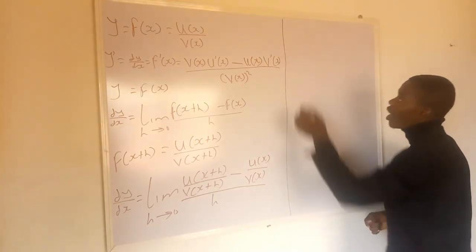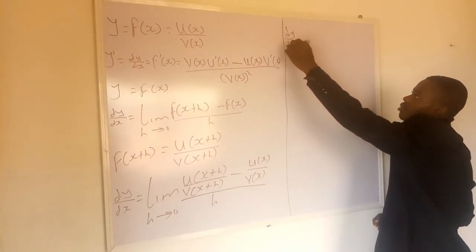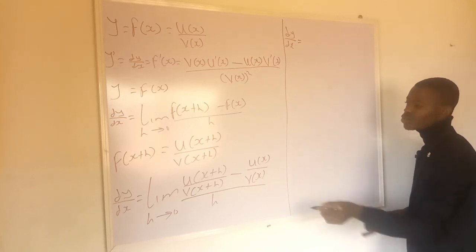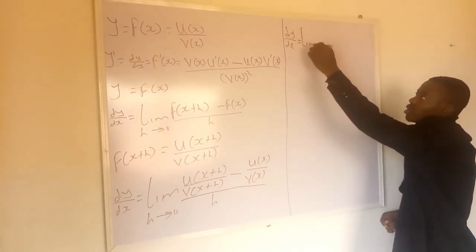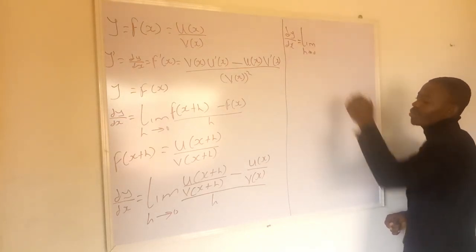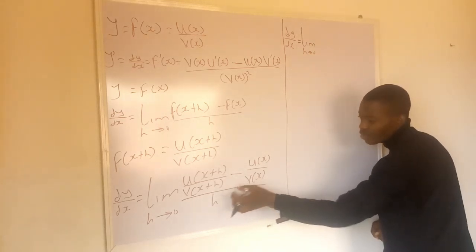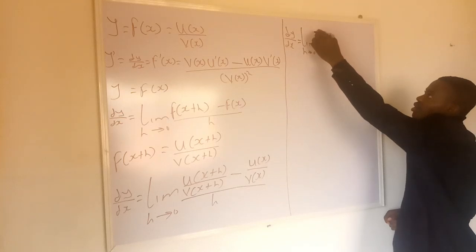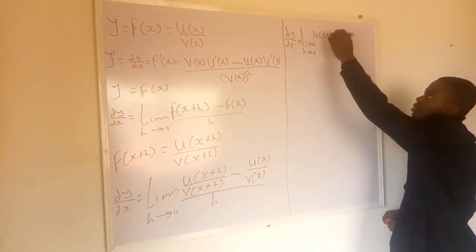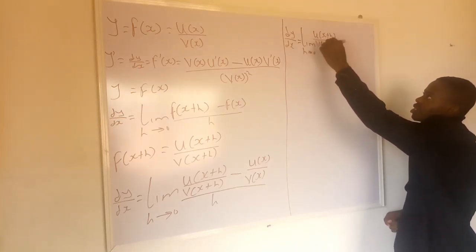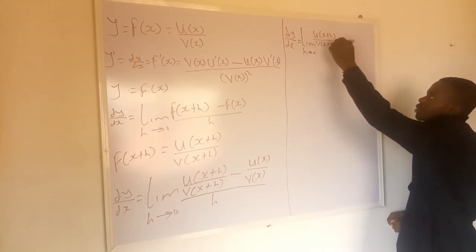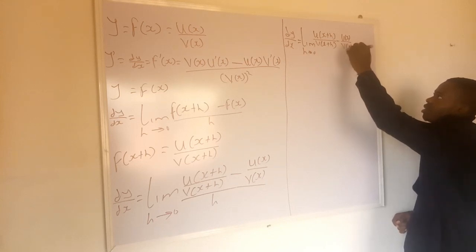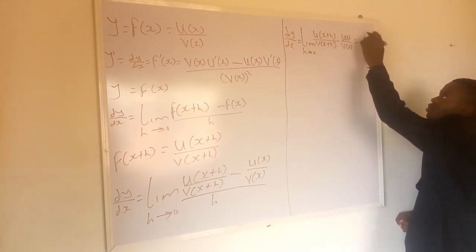Okay, so now we have dy dx equal to the limit as h approaches 0. Now I'm turning this into the regular division symbol. So we have u of x plus h divided by v of x plus h, minus u of x divided by v of x, then divided by h.